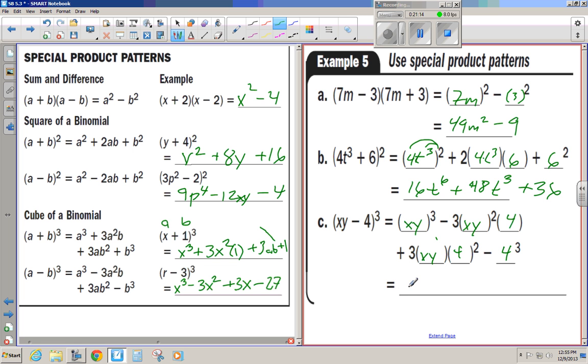All right, so you end up with x cubed y cubed minus 12x squared y squared plus, let's see, that's 16 times 3, 48, and 64. All right, let's move on.